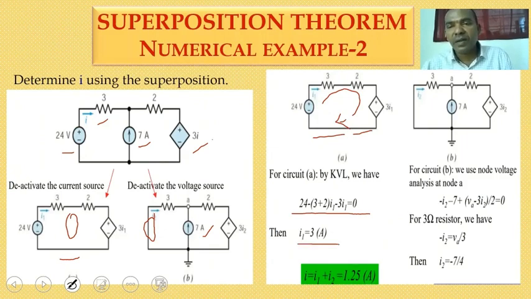Now I am coming to the second case, when the current source is acting and the voltage source is made 0. Here I am taking KCL. The voltage at that node I am taking as VA.